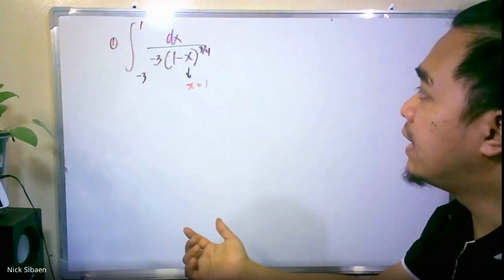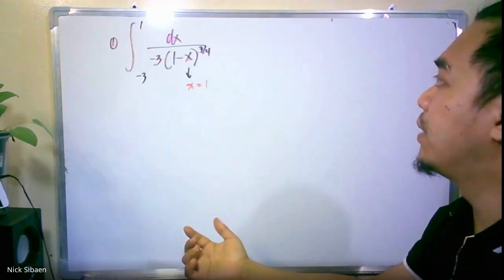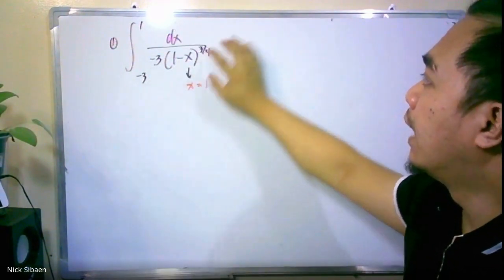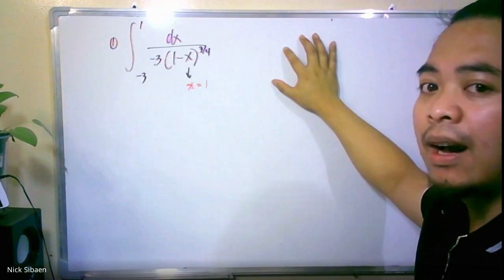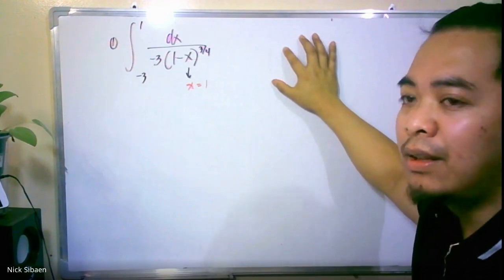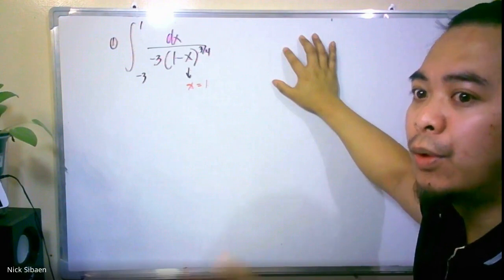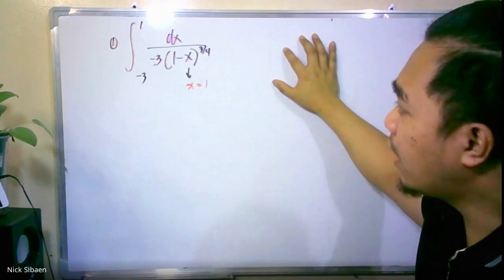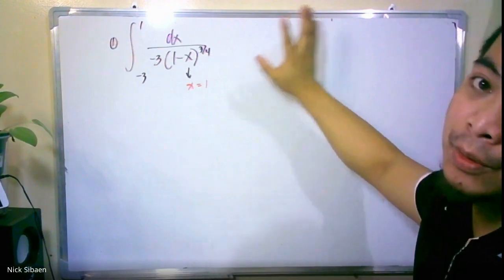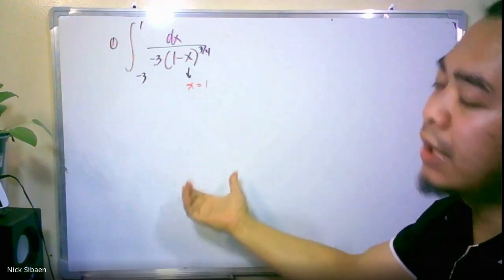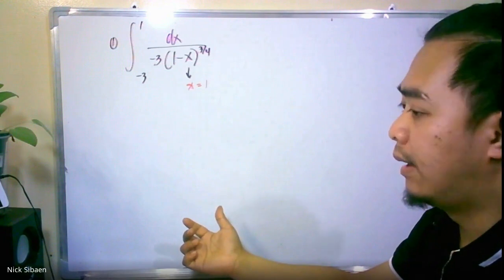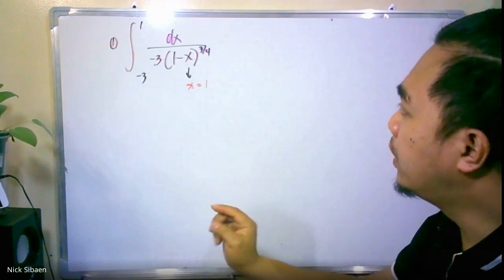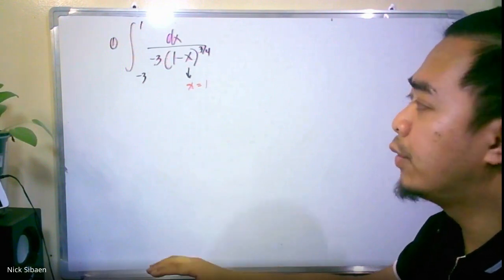Kasi kahit pilitin nating hindi gawin ito improper integral with this given problem, along the way, if you do the ordinary definite integration, magkakaroon ka ng undefined na sagot. Hindi mo rin lang siya matutuloy. That would also give you a clue that you are doing it wrong because you are treating it as an ordinary definite integral.